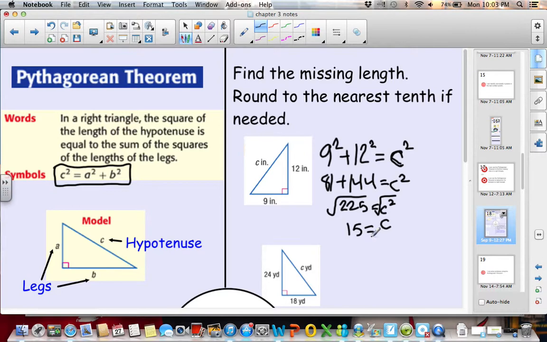So c equals 15. And our hypotenuse is always longer than both of our sides, so it makes sense that c would be 15. So always check to make sure that it would make sense. 15 inches.